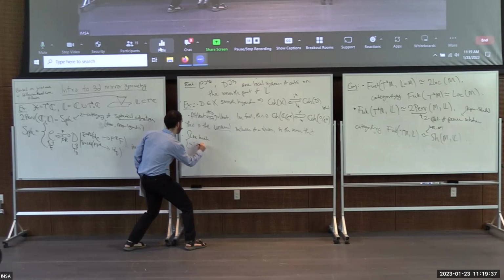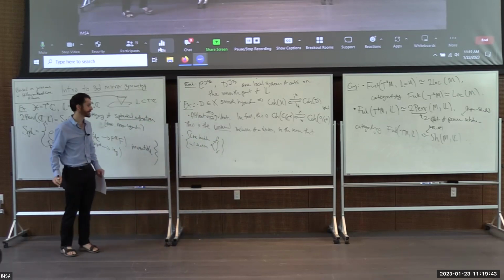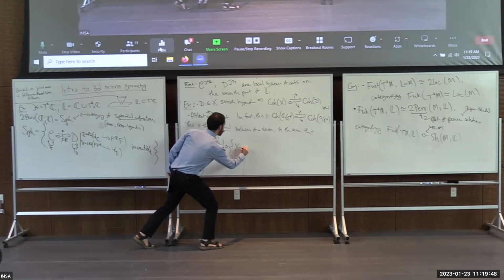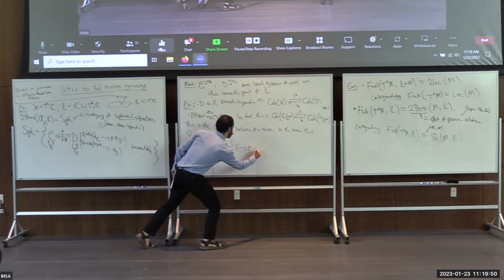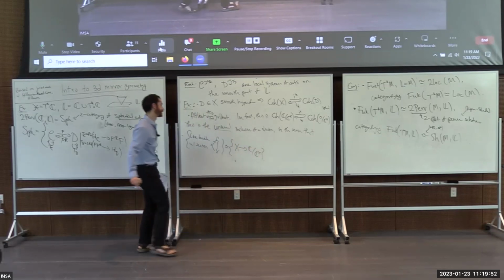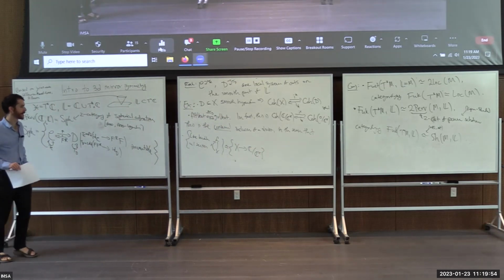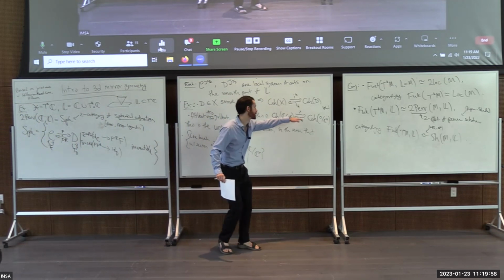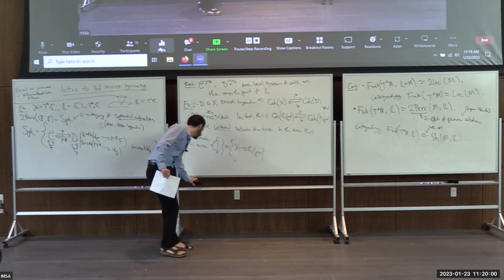A line bundle L on X together with a section s is the same thing as the data of a map from X to C mod C star. So that's the sense in which this situation is really universal.